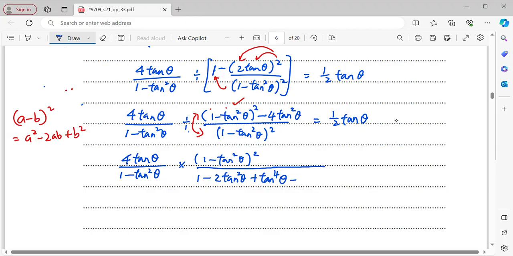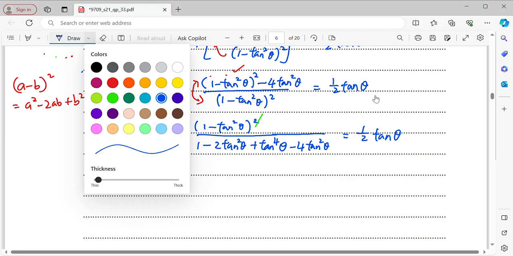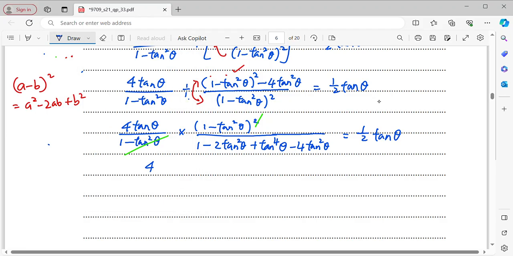And don't forget there's a negative 4 tangent squared theta at the back, and then now equals to half tangent theta. Okay, so now you will notice that this term can be simplified, but you still have 1 minus tangent squared theta in the numerator. And then for the denominator, I will try to simplify.